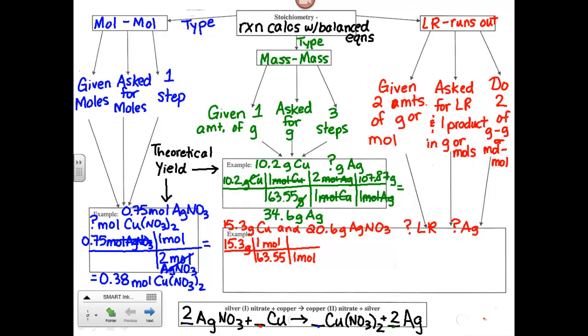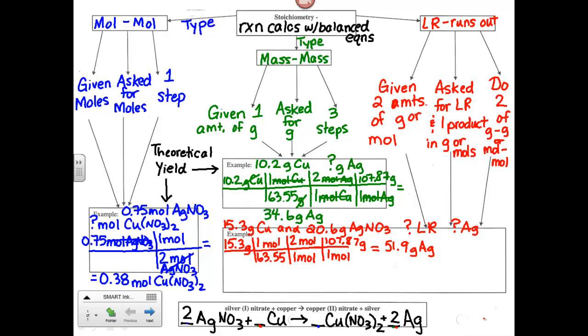And I'd like to know how much silver is being produced. There's 2 moles of silver in the equation. Then I need to change the moles of silver to grams of silver. Check your sig figs, do your math. You should come up with 51.9 grams of silver.